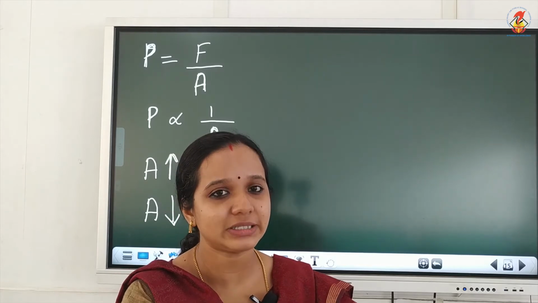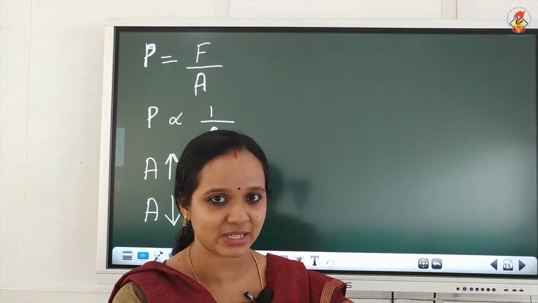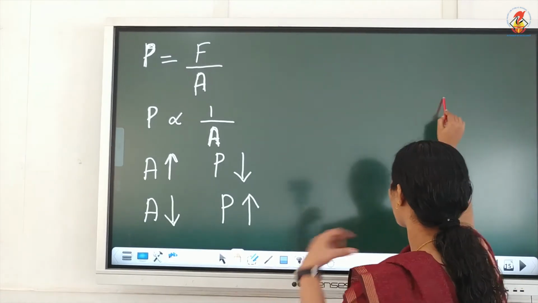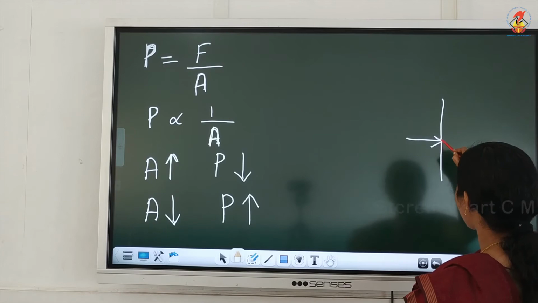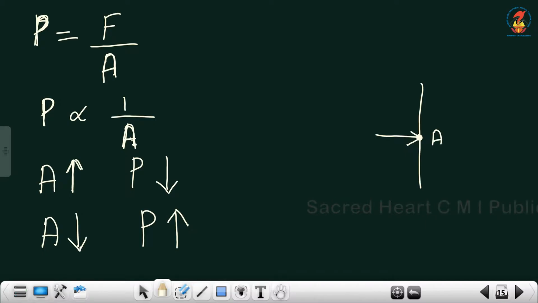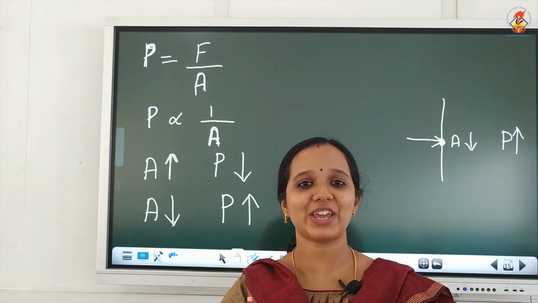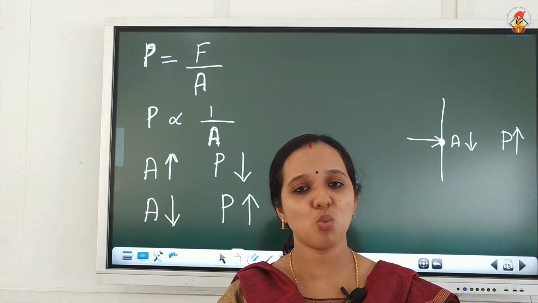If this is a wall and this is a nail, since they have a pointed tip, the area of contact is less. When the area of contact is less, pressure will be maximized. So it experiences maximum pressure, which helps us to drive them easily into the wall.